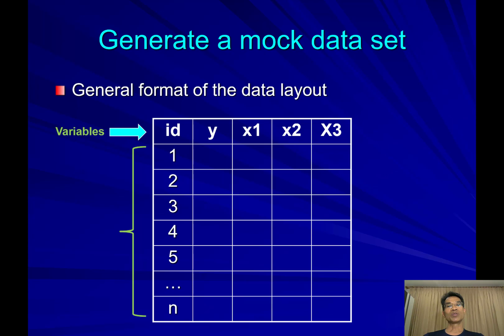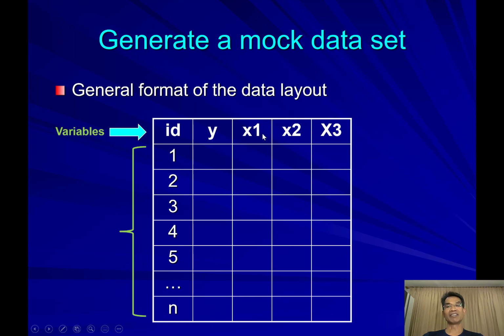The first row is the variables. Y stands for the primary outcome. Usually there is only one. If more than one, use this one as the primary outcome. And X, usually more than one X. Some X could be the covariates, and some X could be the X of interest.